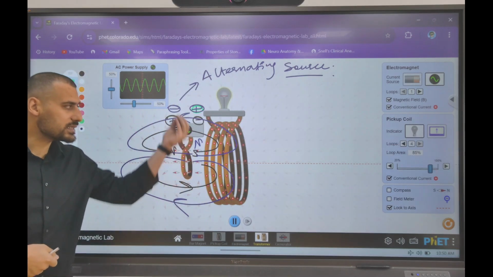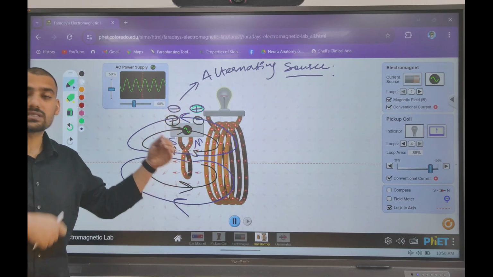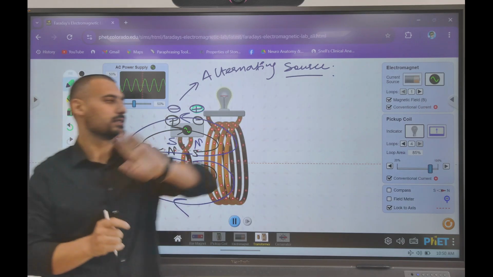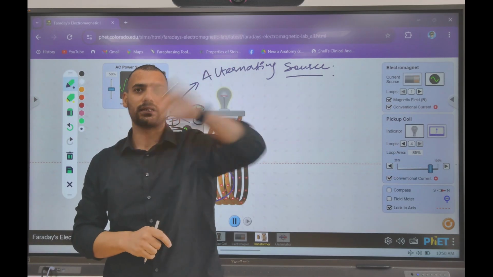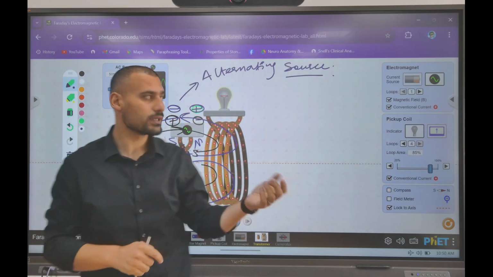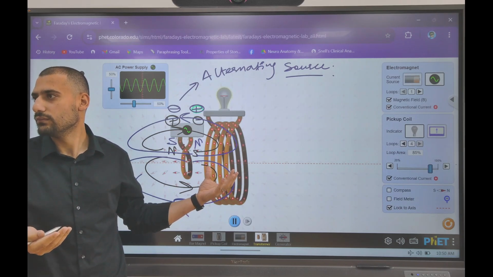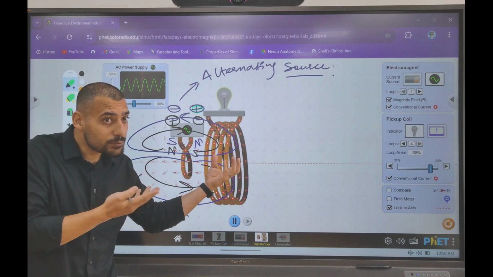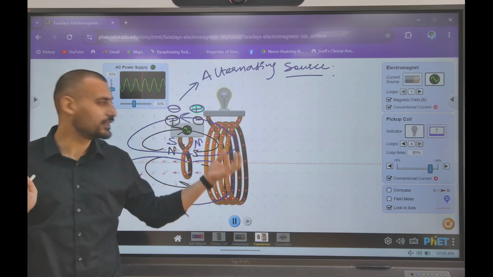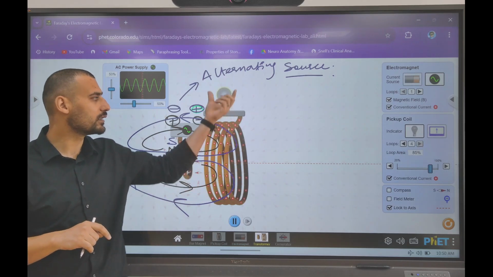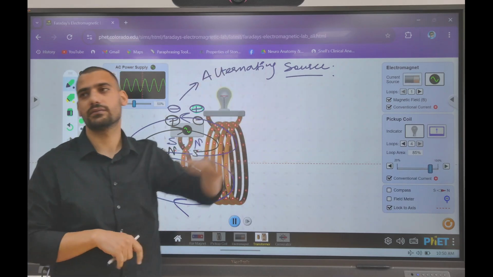The change in the polarity produces different magnetic fields within fractions of seconds. Sometimes the magnetic field is like this, sometimes like this. So the secondary coil is sensing that change. When change takes place, it doesn't like the change. Therefore, it will produce its own current again, and that current will light the bulb always.